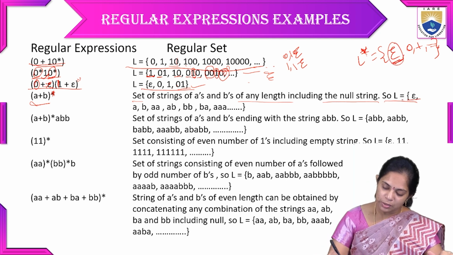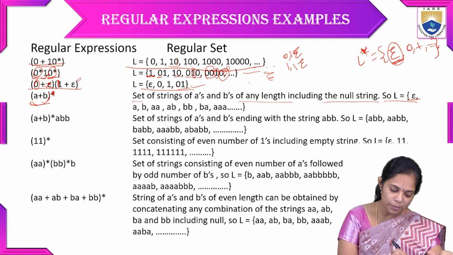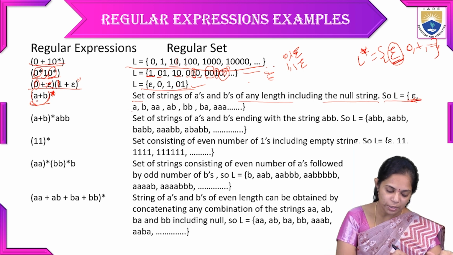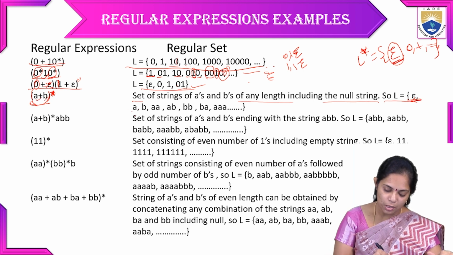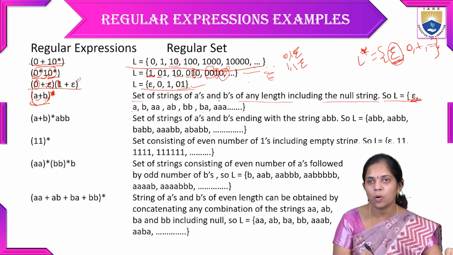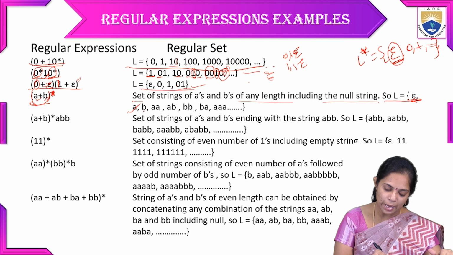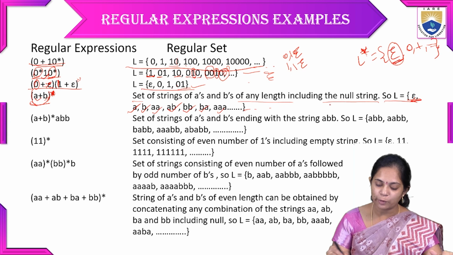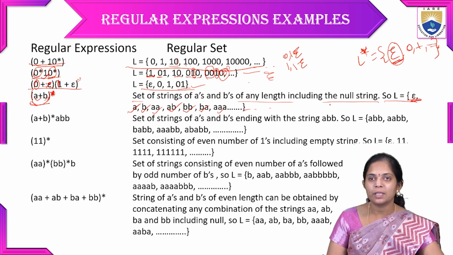Whatever the input symbols, A and B, A plus B means we start with either A or B, so A, B, and A many times. It is a combination of AB, BB and BA. Like this we form the language for the given regular expression.